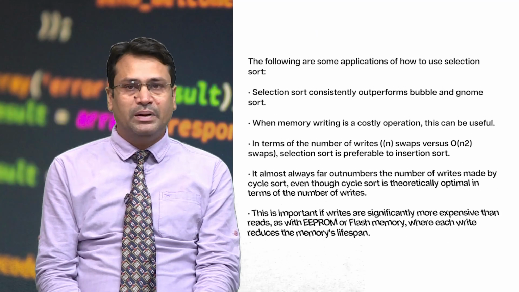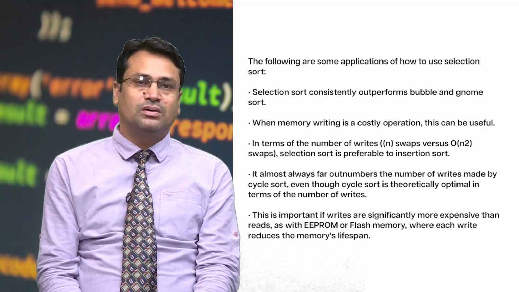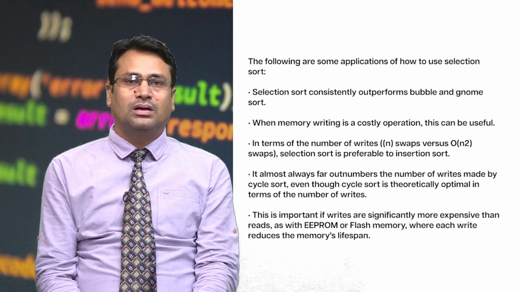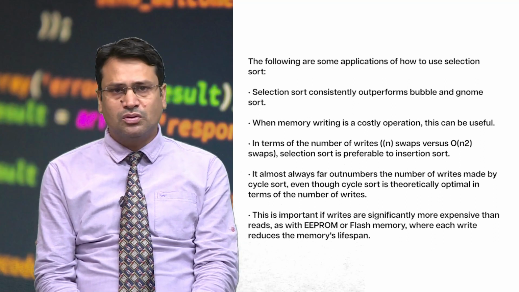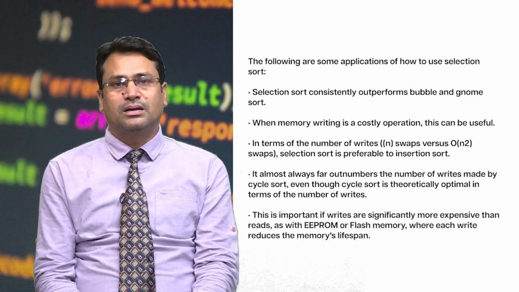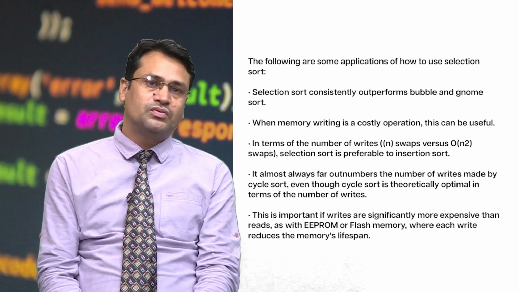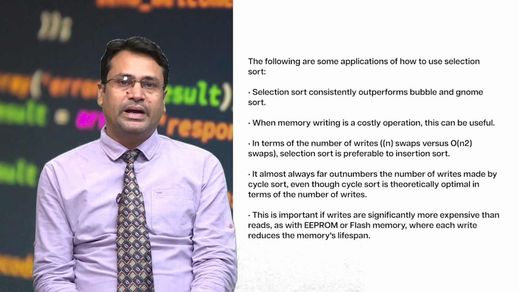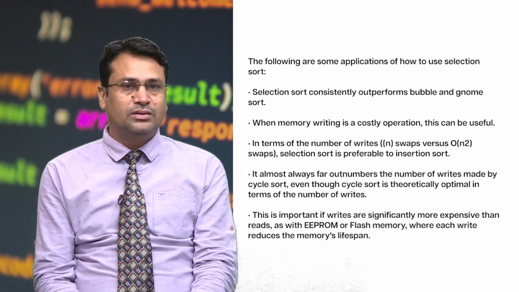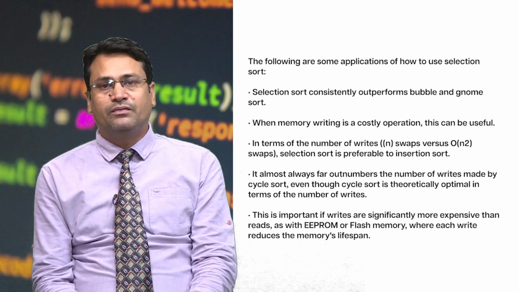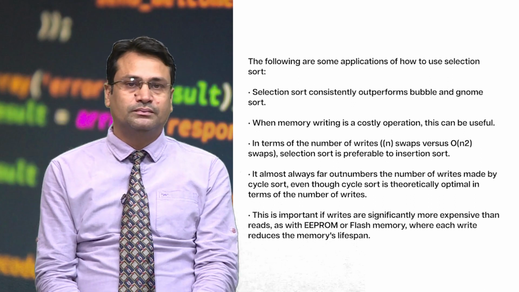The following are some applications of selection sort. Selection sort consistently outperforms bubble sort and gnome sort. When memory writing is a costly operation, this can be useful. In terms of the number of writes, O(n) swaps versus O(n²), selection sort is preferable to insertion sort.